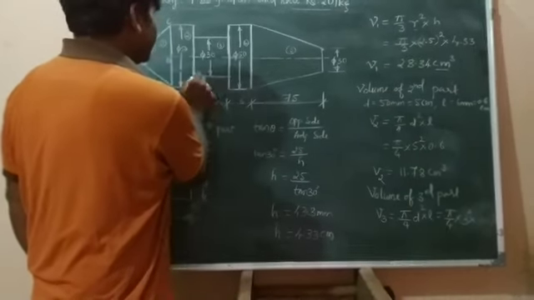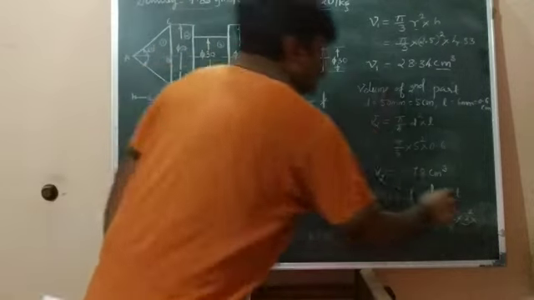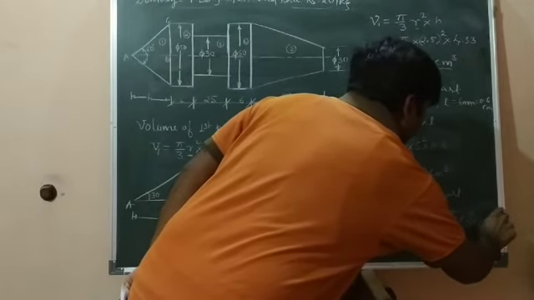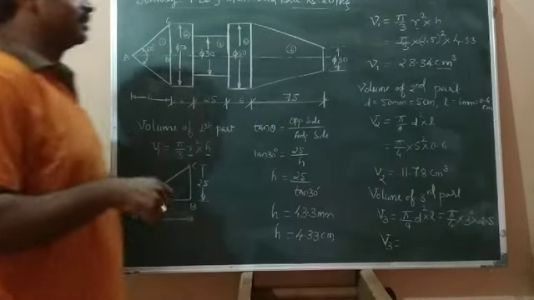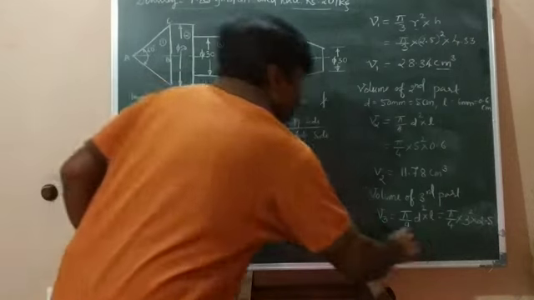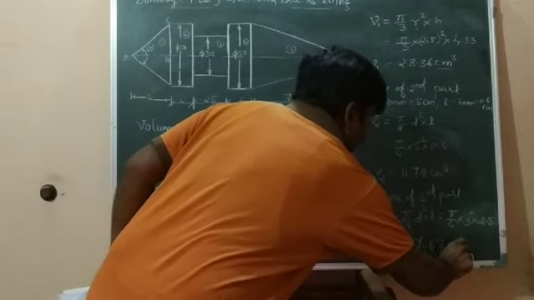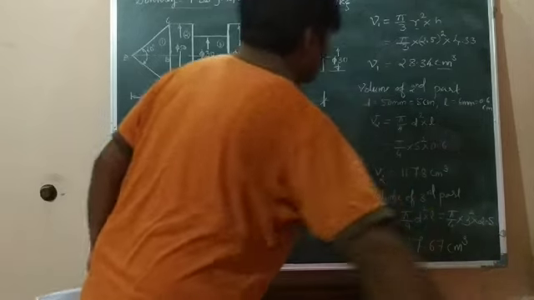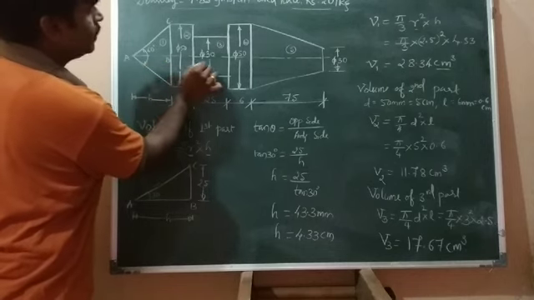The length is 25 mm, in centimeter 2.5. Simplifying the equation, we get around 17.67 centimeter cube.